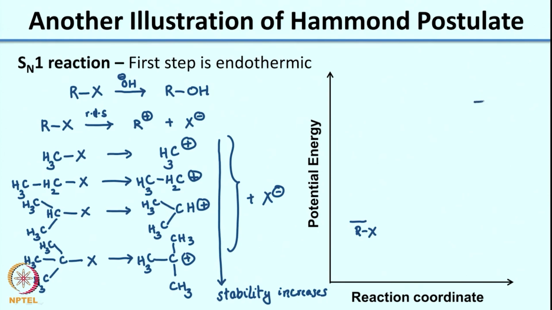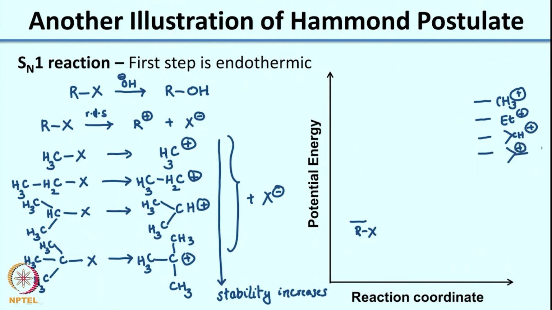If I put this as formation of, so going down you would have, since the ethyl is more stable, I will just put it as Et plus. The isopropyl is next most stable, and then you have your T-butyl, which is the most stable.